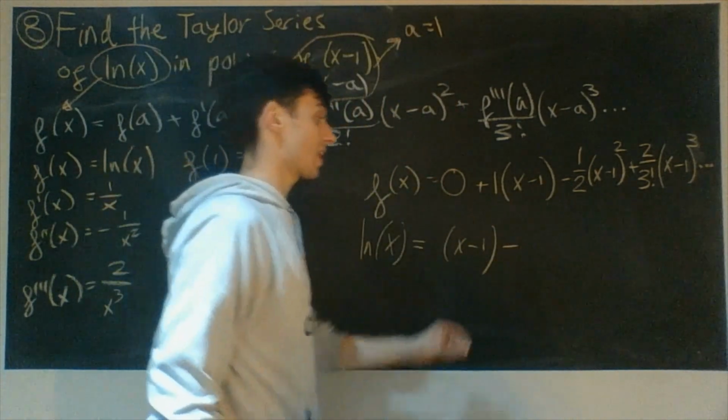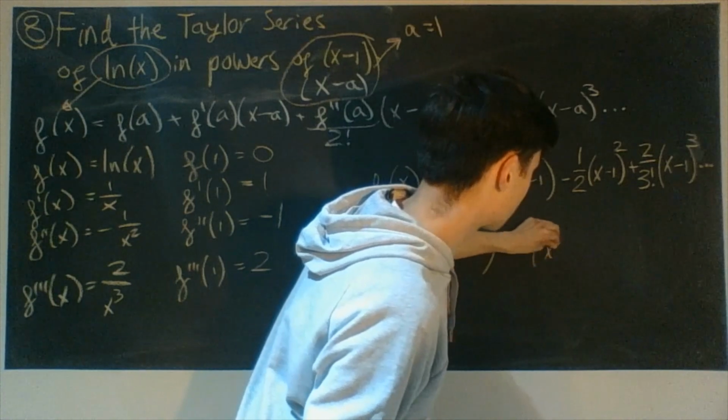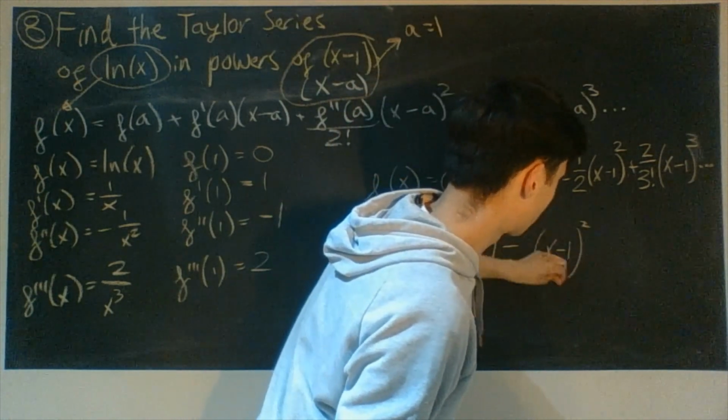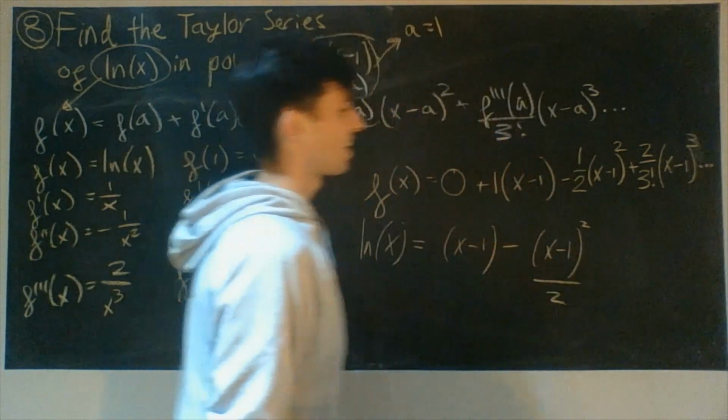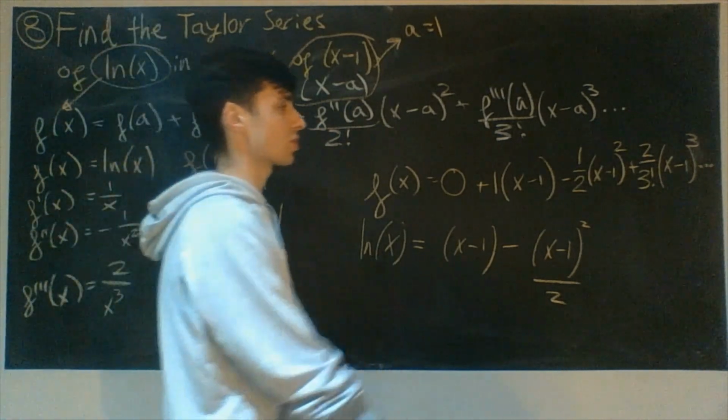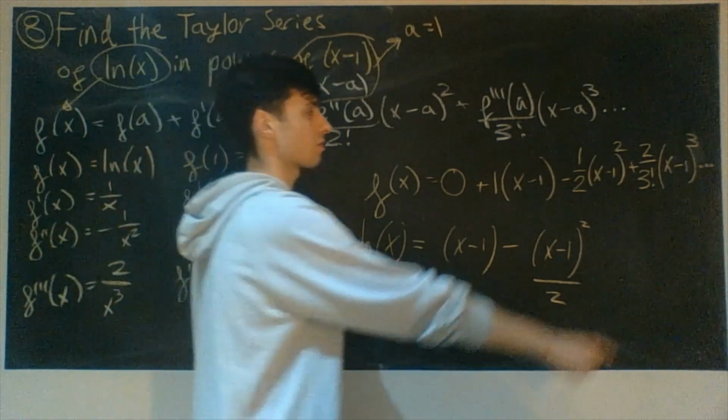So minus x minus 1 squared over 2. And then thinking about the coefficient for our cubed term, 3 factorial is 6 because it's 3 times 2 times 1. So 2 over 3 factorial simplifies to 1/3. So you should have plus x minus 1 cubed over 3, dot dot dot.